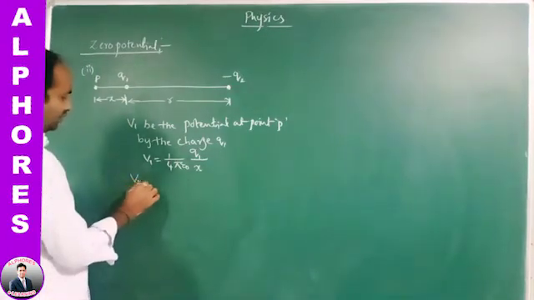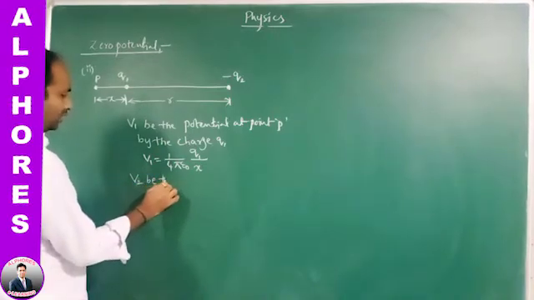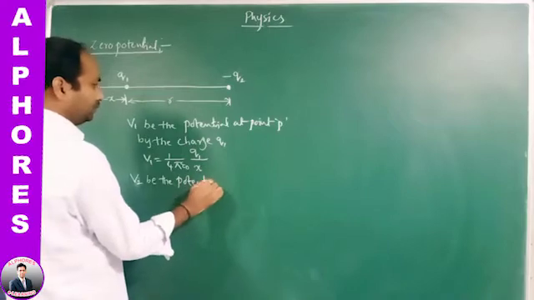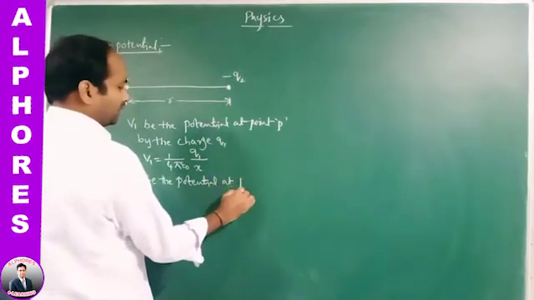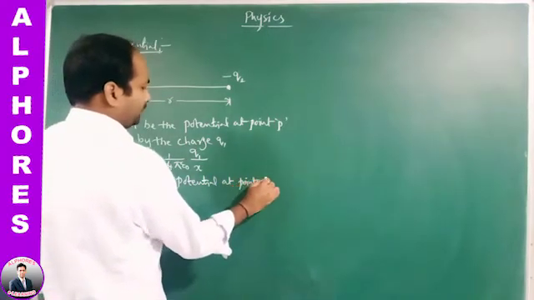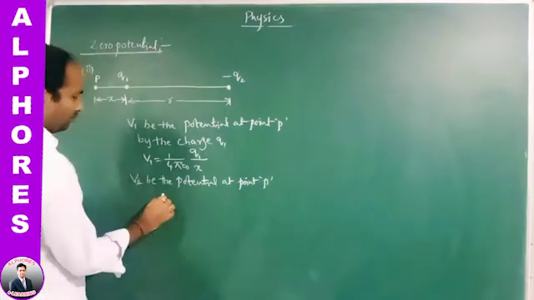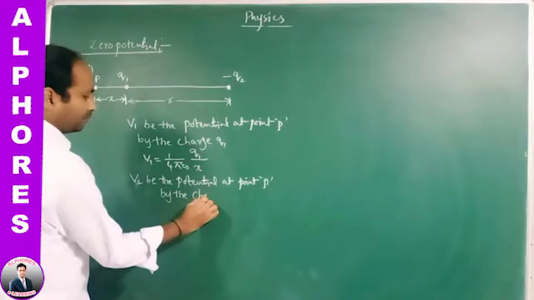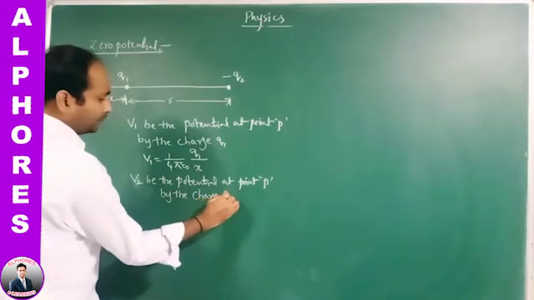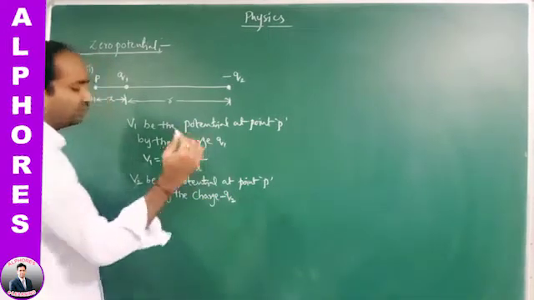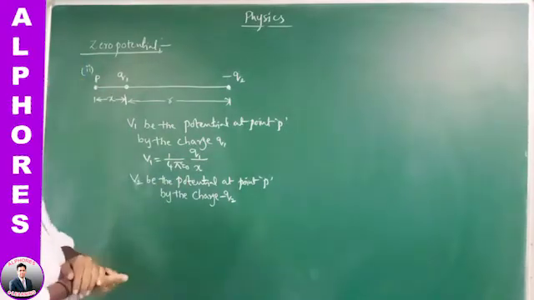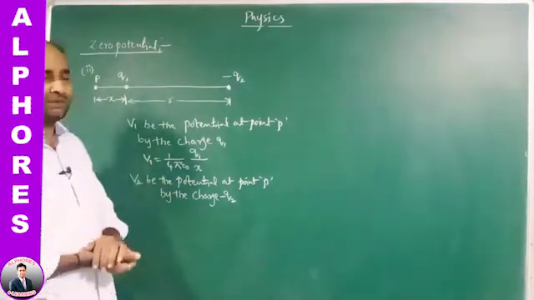Next, V2 be the potential at point P by the charge minus Q2.